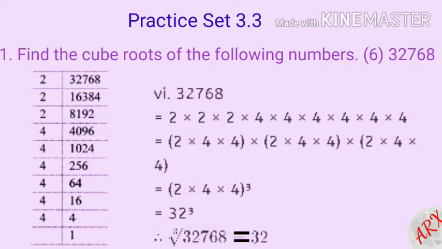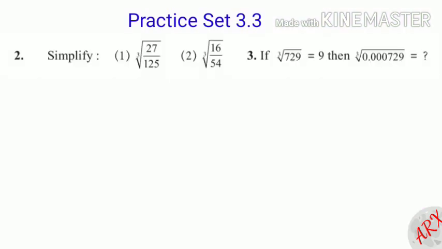We will make groups of 3, that is 2 into 4 into 4 in one bracket, the same 2 into 4 into 4 in another bracket, and 2 into 4 into 4 in another bracket. Now 2 4s are 8 and 8 4s are 32. So we will get 32 raised to 3. So cube root of 32,768 will be 32. Now we will move on to question number 2.